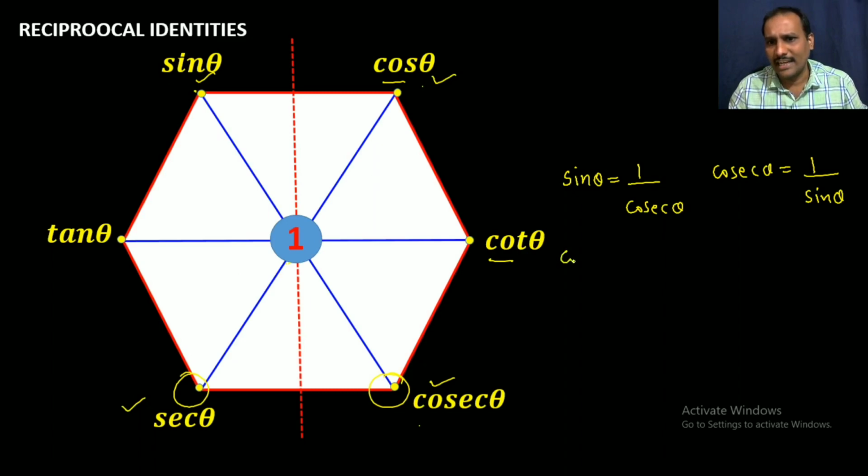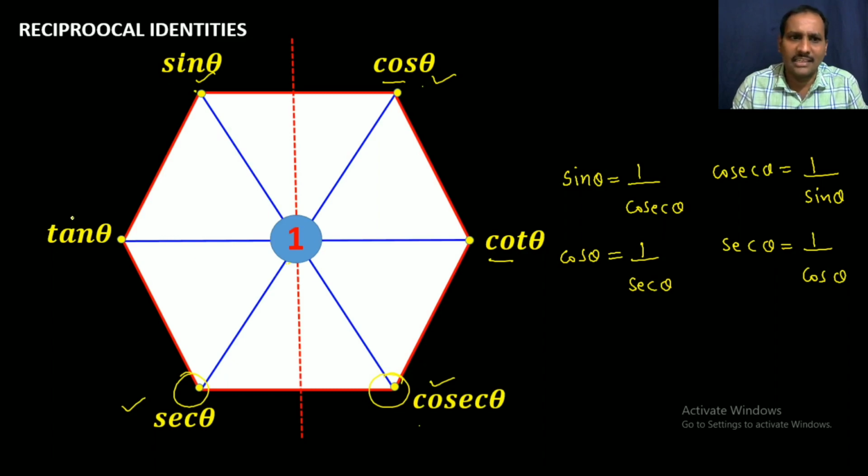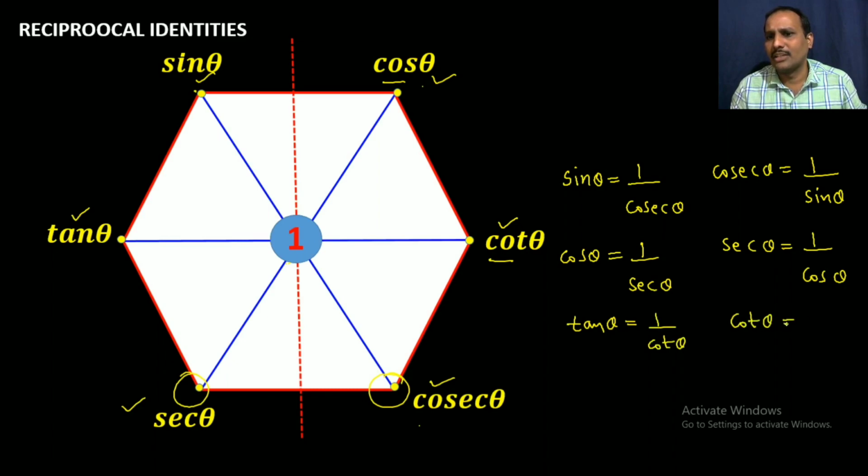So you can write it as cos theta is equal to 1 by secant theta, and secant theta is equal to 1 by cos theta. Now let us take the third diagonal which is connecting tan theta and cot theta. So tan theta is equal to 1 by cot theta, and cot theta is equal to 1 by tan theta.